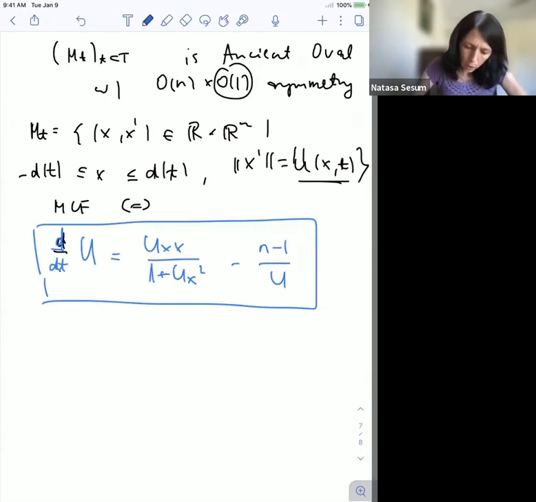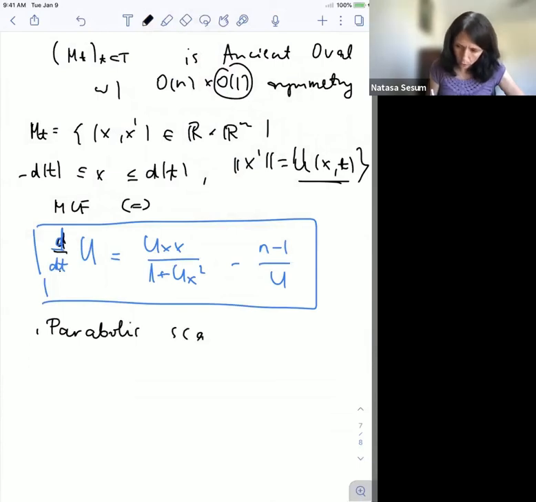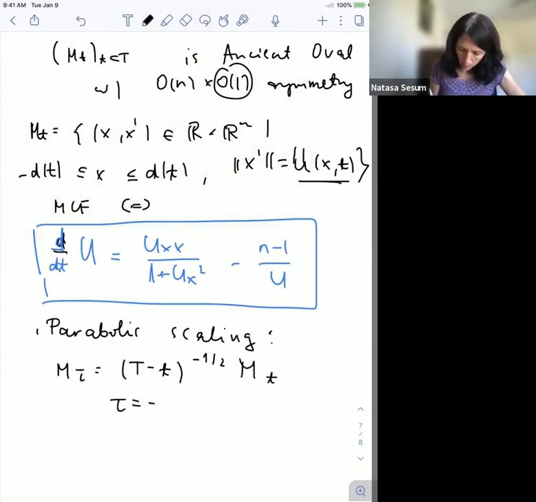And then since you want to see a cylinder in between, you need to perform the parabolic scaling. So let me tell you how you perform the parabolic scaling of your solution. M_tau is (T minus t) to the negative 1/2 times M_t, and tau has to be negative log of (T minus t).